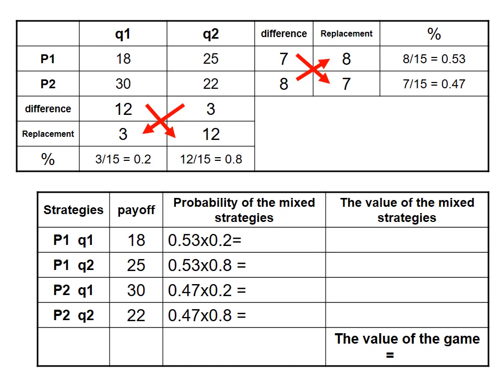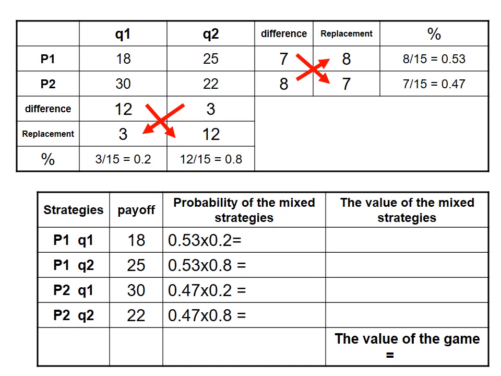The difference between the two strategies is 7. And for the second row, 13 and 22, the difference between them is 8. Now we will make the replacement: the 8 in the second row will be in the first row, and the 7 in the first row will be in the second row.